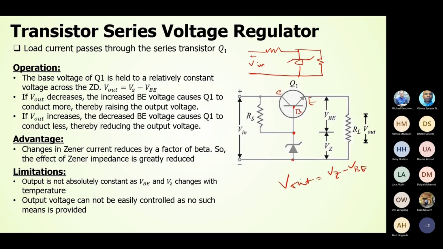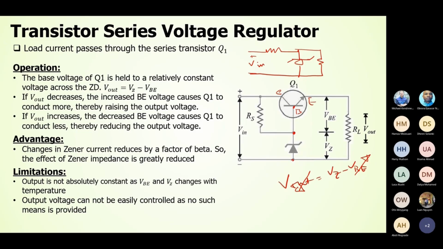Now, if for some reason Vout decreases, then the base emitter voltage will increase. The increased base emitter voltage will cause Q1, the transistor, to conduct more. If the transistor conducts more, it means more current will flow, and more current flow means our output voltage will increase.